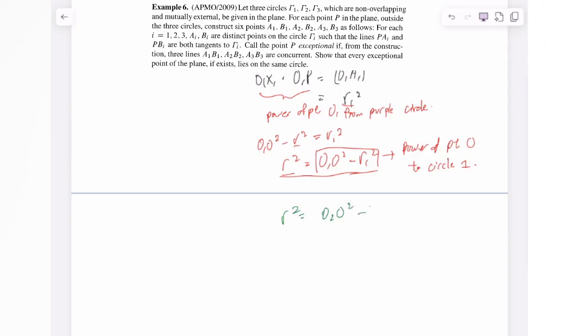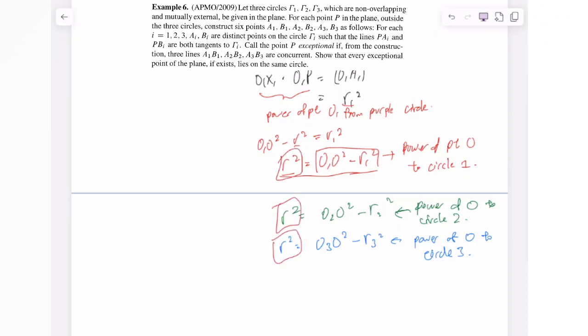O2O squared minus R2 squared, and also R squared is O3O squared minus R3 squared. So this one is the power of O to circle 3. This one is the power of O to circle 2. Notice that the R's on the left hand side are constant.